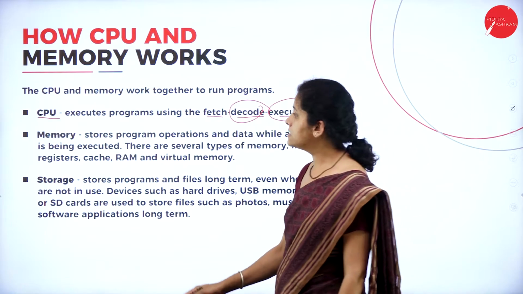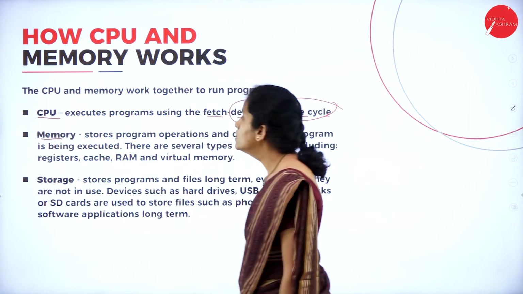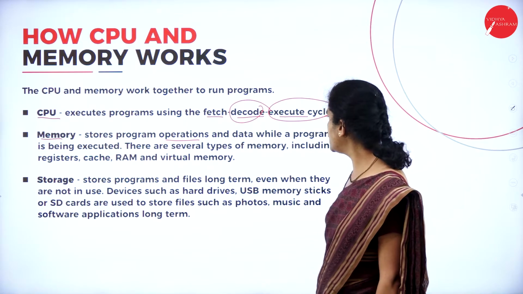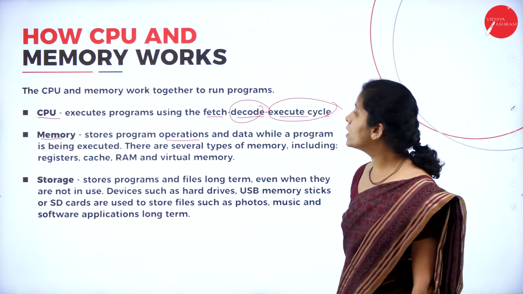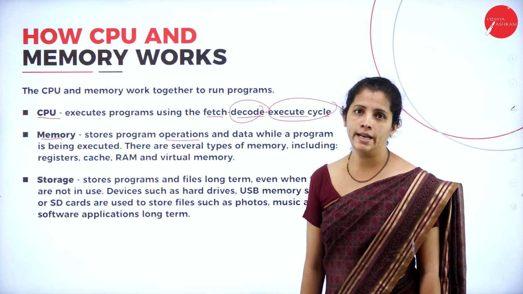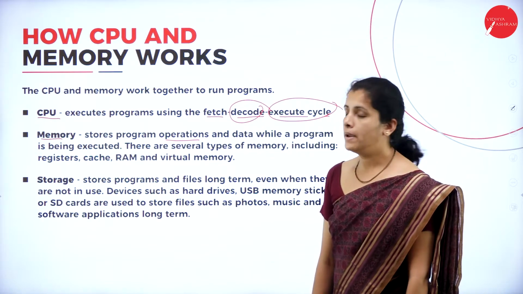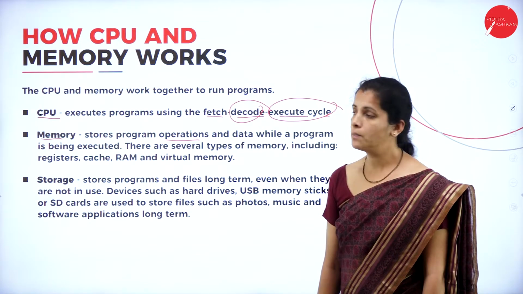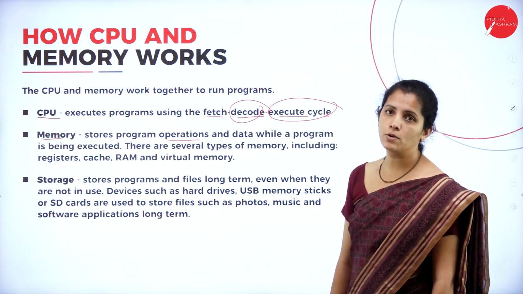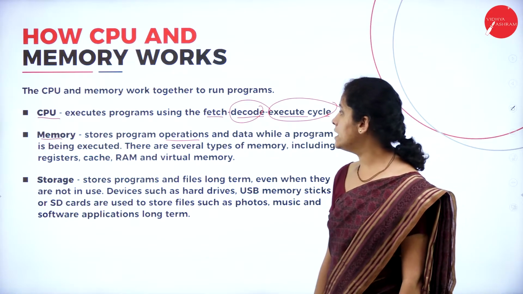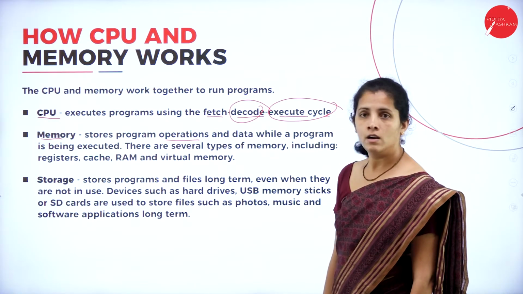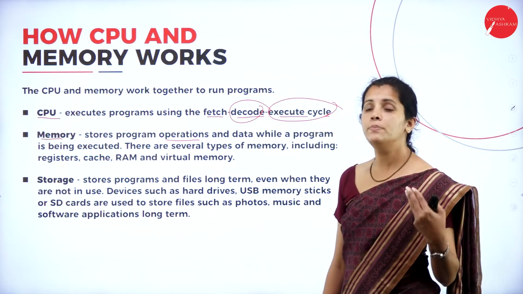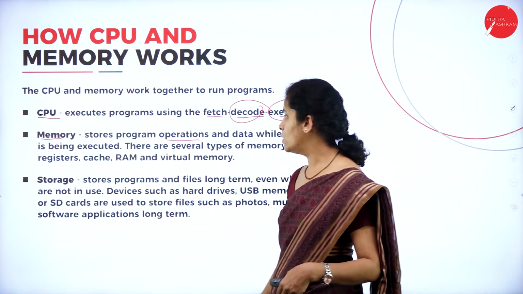Then if I consider memory, it stores the program, operations and data while a program is being executed. So here memory, that is nothing but main memory or primary memory, is responsible for storing the program as well as data while that program is being executed.